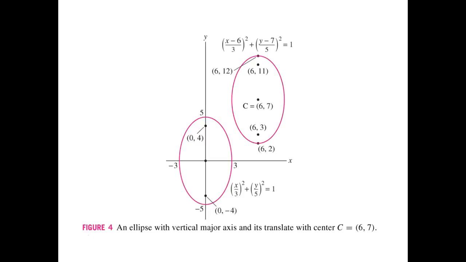Here you're assuming the major axis is on y, so the 5 is there and the 3 is here. So that's how you translate an ellipse from the origin to a center somewhere else. It just changes the x's and y's up there. Why they didn't do this earlier, before they got into hyperbolas, I don't know.